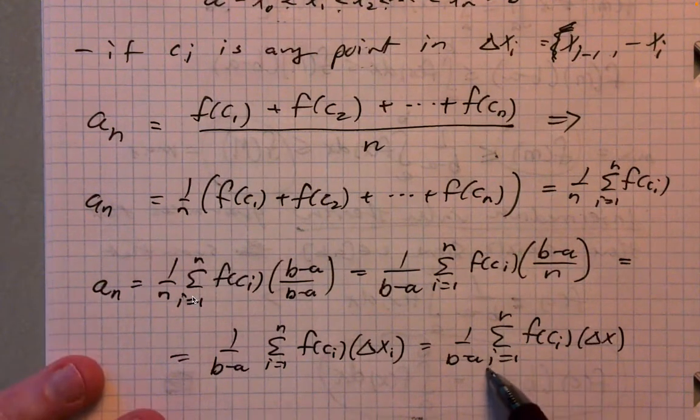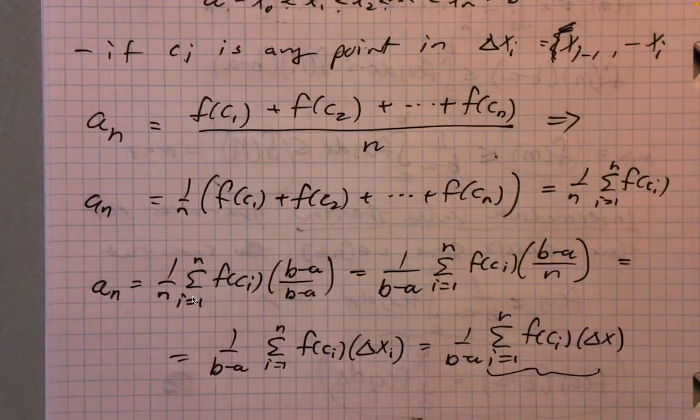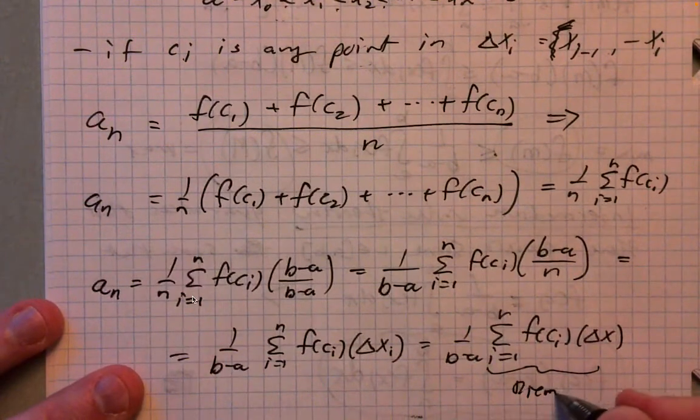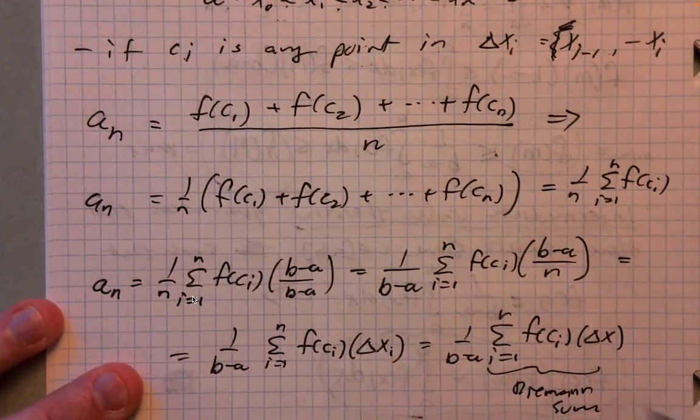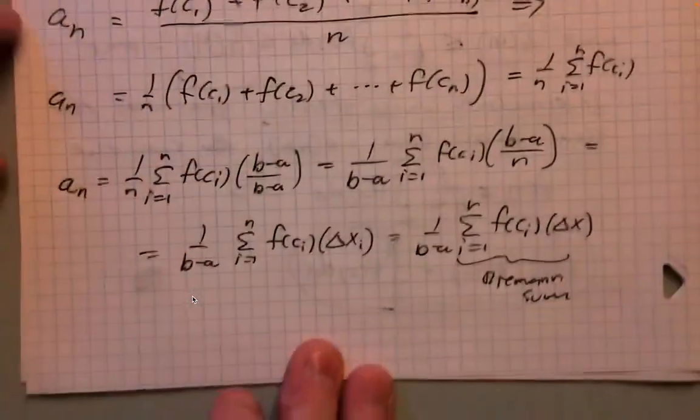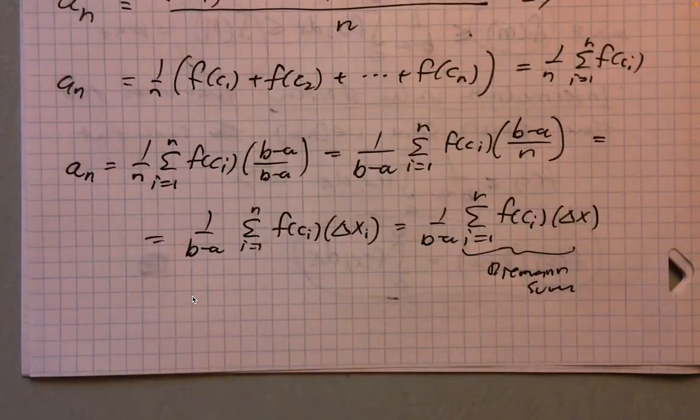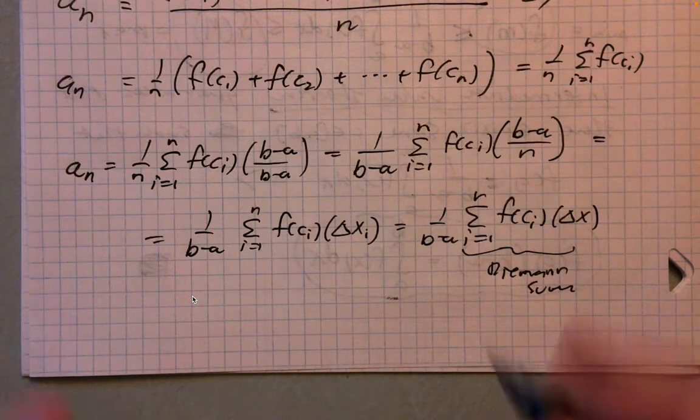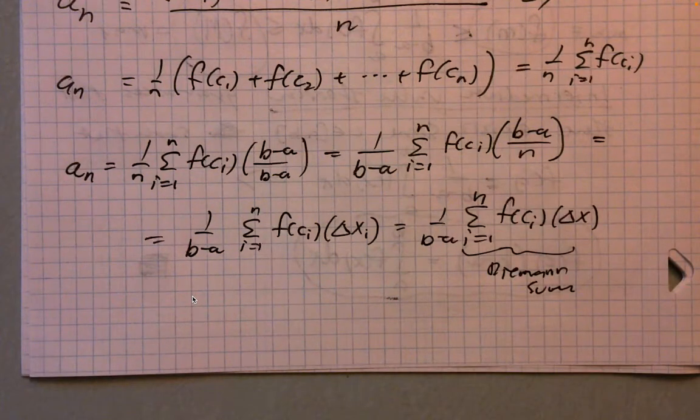Now this is a Riemann sum. Whenever we see a Riemann sum, it's a quick step to get an integral. We either let the norm of the partition go to 0, or equivalently, take the limit as n goes to infinity.